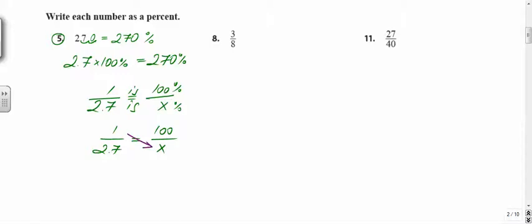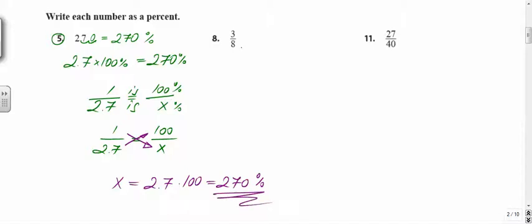The product of the two diagonals, basically 1 times X, which is X, will equal the product of the other diagonal, 2.7 times 100, which is what? 270%. I hope you understand that.